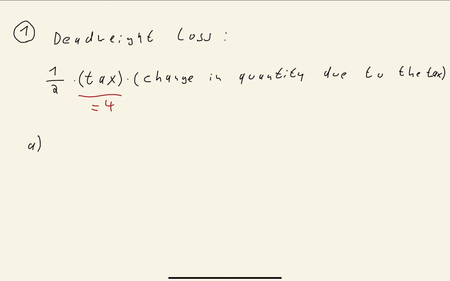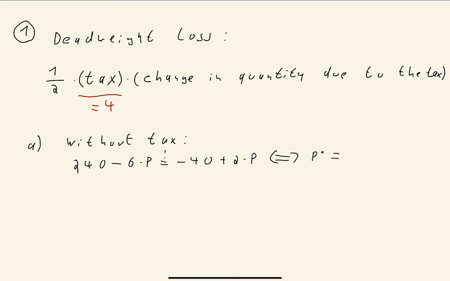So let's find out the quantity without the tax. Without tax, the demand is given by 240 minus 6 times P. This should be equal to the supply, which is minus 40 plus 2 times P. If we solve this equation for P, we get that P star, the equilibrium price, is equal to 35.